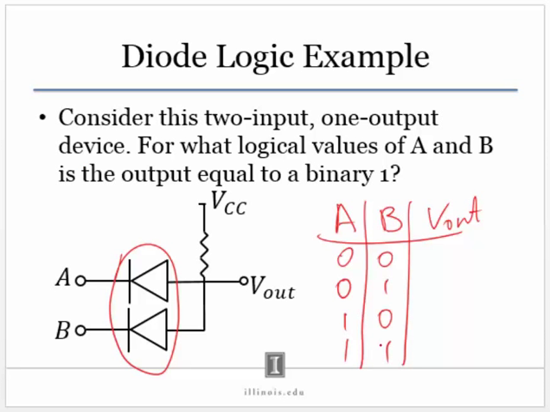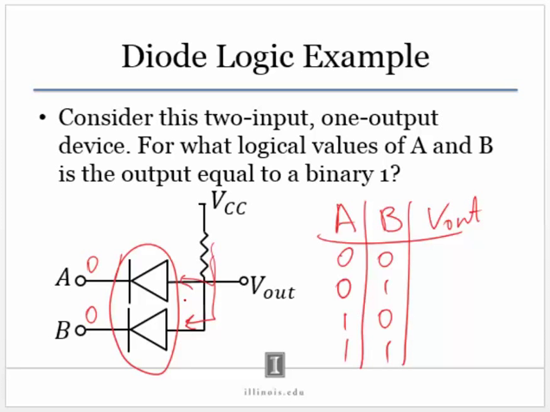So when A and B are both low, what's going to happen? We're going to turn on the diodes. Let's imagine we applied 0 volts here and 0 volts here. We're going to turn on the diodes because this side is high, connected to VCC, and current is going to flow this way and this way.